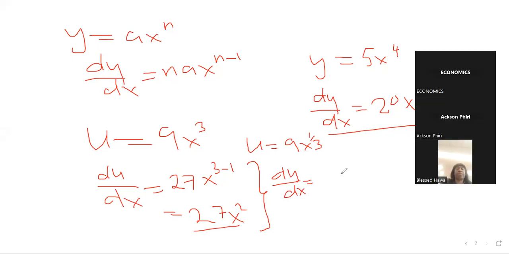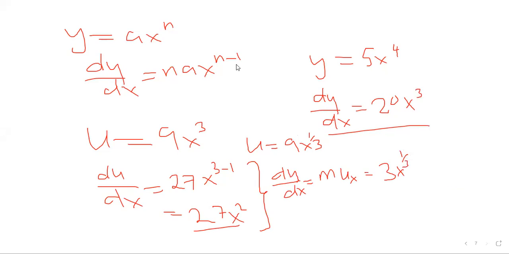So mu x, we want to differentiate. So if we're differentiating here, we're going to multiply 9 times 1/3. So 1/3 of 9 is 3. Then we subtract 1/3 minus 1. So here, our derivative will be negative 2/3.